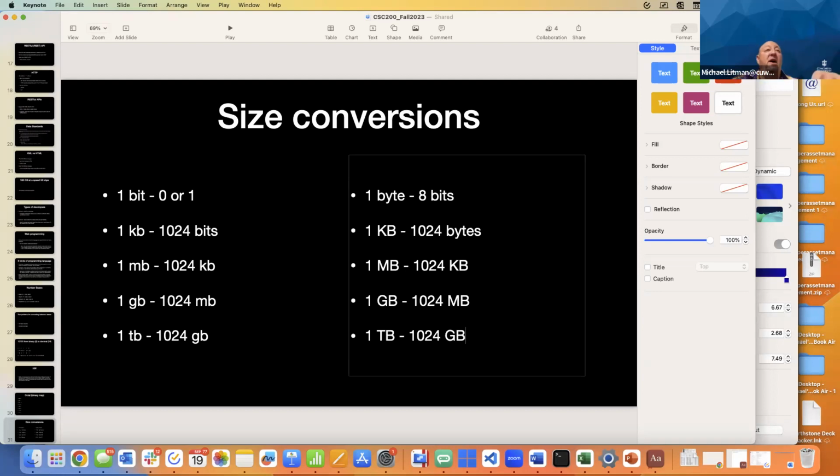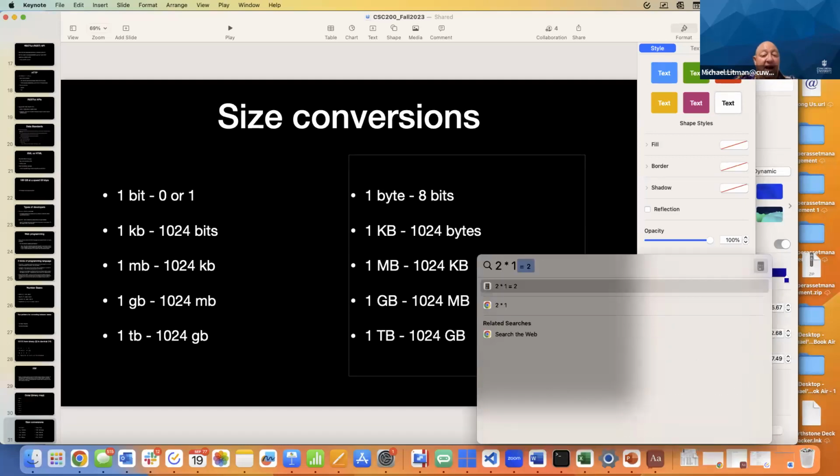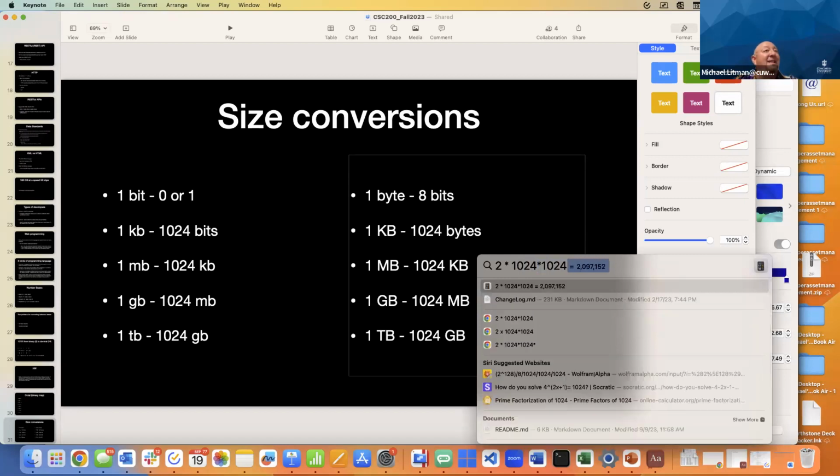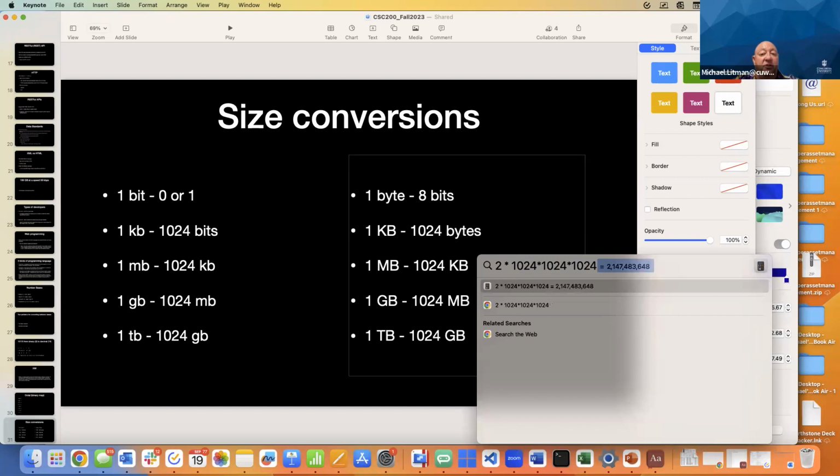Okay, so for those of you who have 2 terabyte hard drives, your hard drive is actually a 2048 gigabyte hard drive. Times 1,024, they could give it in megabytes, times 1,024 in kilobytes, times 1,024 in bytes. So if you want to go off of that, we have 2 terabytes times 1,024, that's gigabytes, times 1,024, that's megabytes, times 1,024, that's kilobytes, times 1,024, that's bytes, times 8.